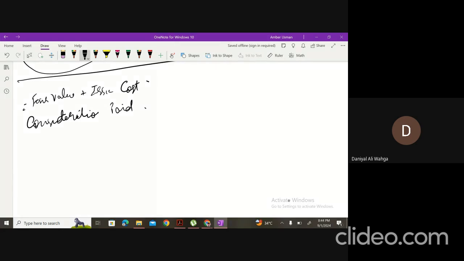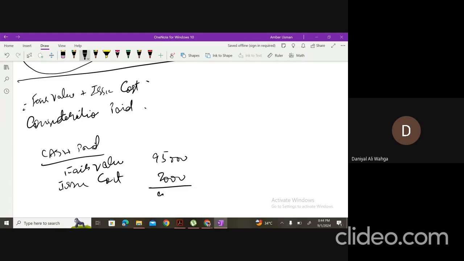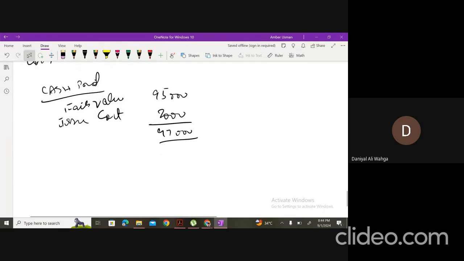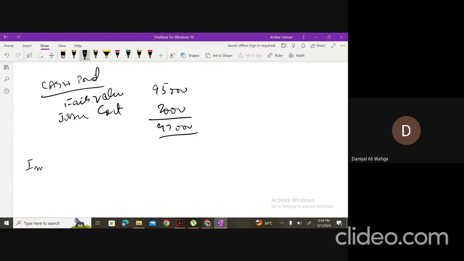You have paid the fair value, that is the $95,000. And what is the issue cost? That is $2,000. So at what value will you be recording it? That is $97,000. So investment in debt to bank, that is $97,000.